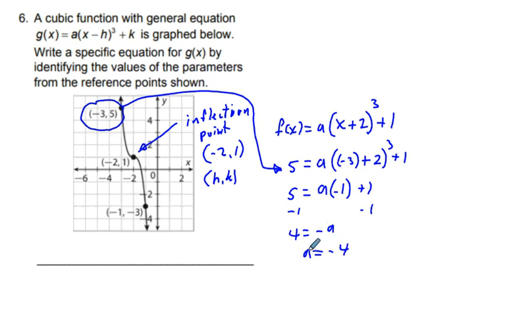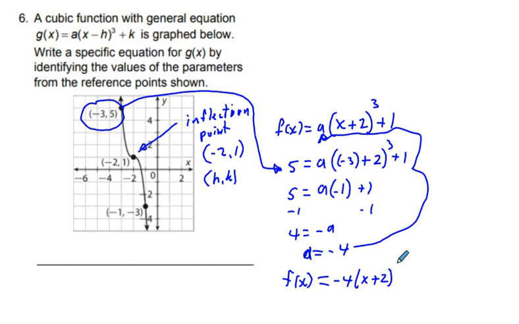And so we can take this value of -4 that we've calculated and put it back in here. Let's see, here we go, right in here. And what we have here is f of x is equal to -4 times quantity x plus 2 cubed plus 1.